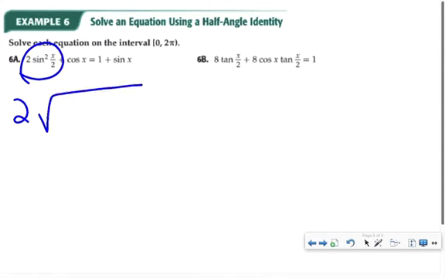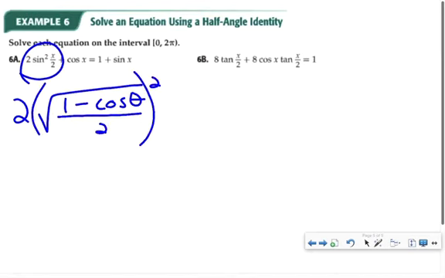So I have 2 times the square root of 1 minus cosine theta over 2, squared, plus cosine x equals 1 plus sine x.